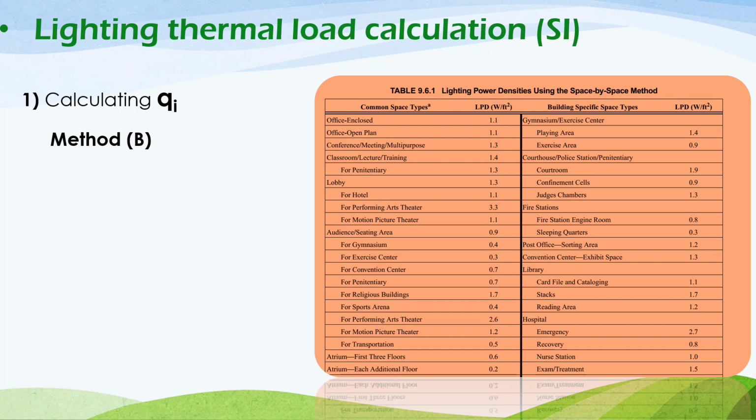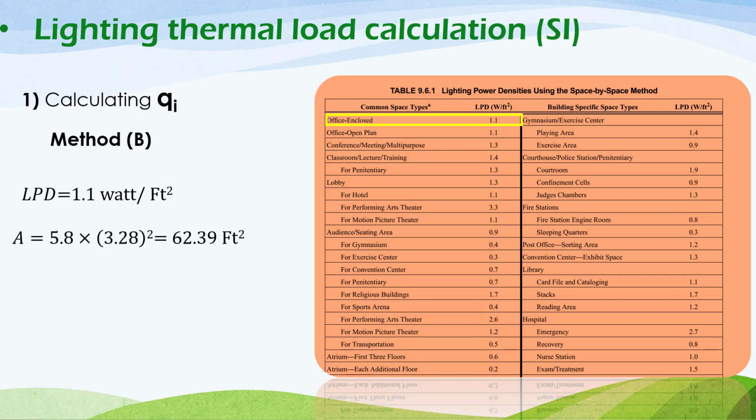In our case, the design is for a printer room, and we find its nature to be nearer to an office. Hence, we select the office enclosed row, and its corresponding lighting density is 1.1 watt per square foot. Then we need to calculate the area of the office.